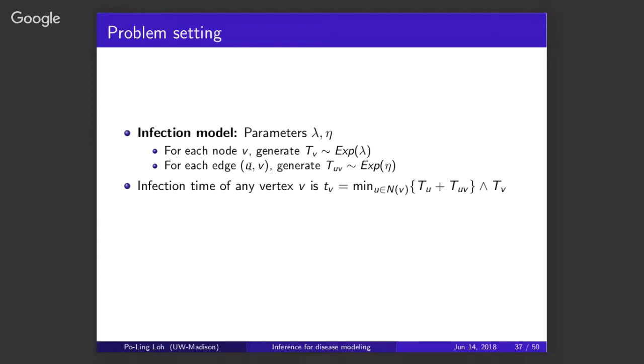And that's simply the waiting time after which a node will become infected once its neighbor becomes infected. So then the time at which a particular node gets infected is going to be the minimum of when it would receive the infection just by sitting by itself, or if any of its neighbors became infected and then infected it, t sub uv time later.